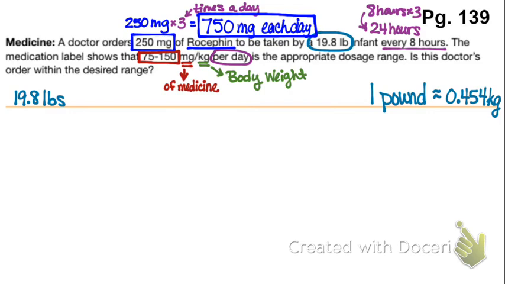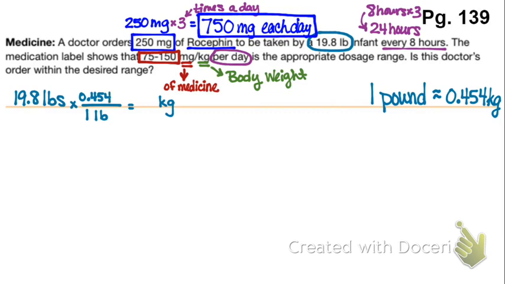What do I want to cancel? The pounds. So that I end up with just what? Kilograms. So how should this proportion look? 1 pound at the bottom. 0.454 at the top.